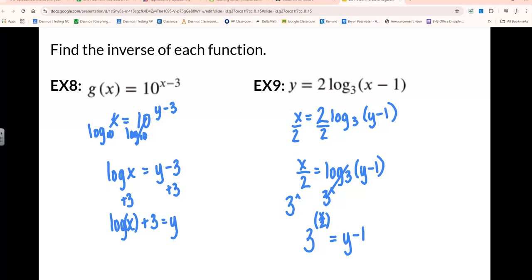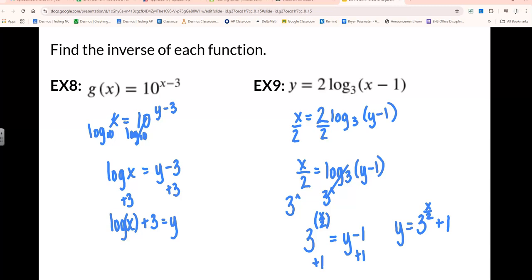And then, Hunter, what's our last thing we would do on that one? Got to get rid of that minus 1. What are we going to do? We're going to add that 1. Good. So, you can't add it to the 3. You just have to write it like this. 3 to the X over 2 plus 1 out here on the end.